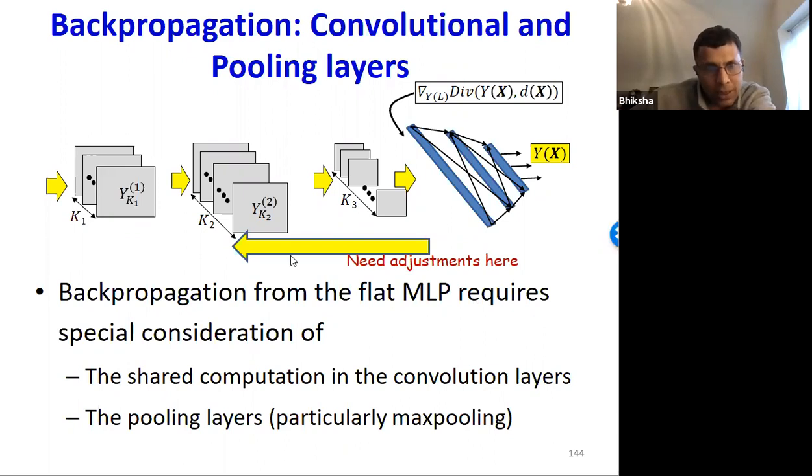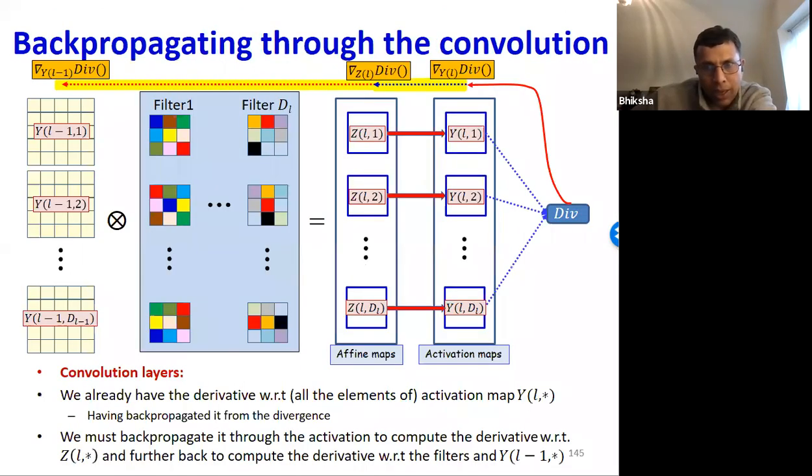Now, here is the thing. For the final layer, you're going to get a final bunch of outputs of the final convolutional layers, and they all influence the divergence. Backprop is going to give you the derivative with respect to the output of the final convolutional layer.